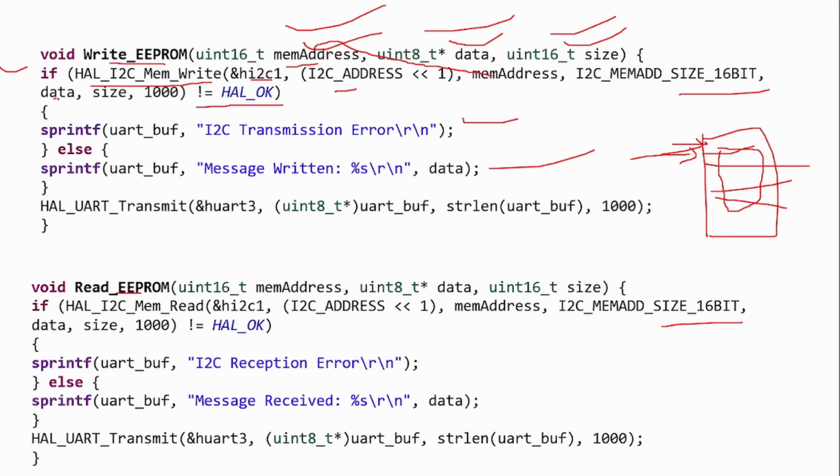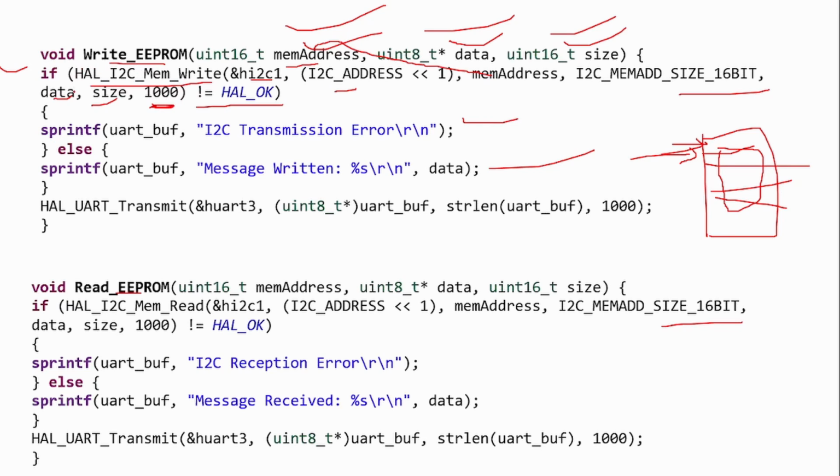Next argument is data, whatever data you want to write, then size of the data, and this 1000 is actually a random number, you can say. If your message is long, then you have to increase this count, otherwise this function will time out after this many ticks. So this is just a timeout period.